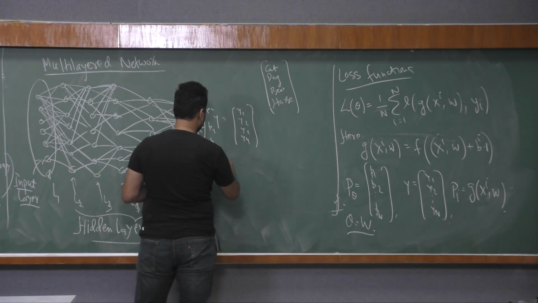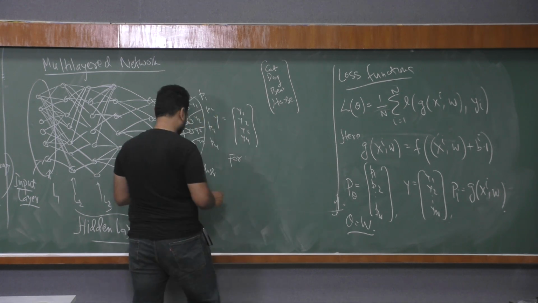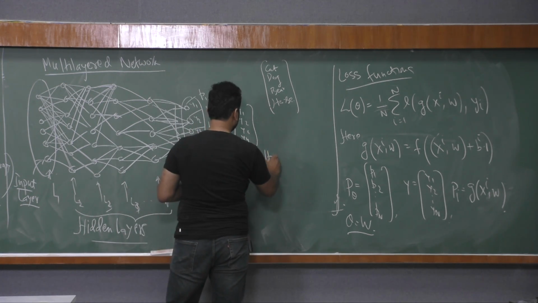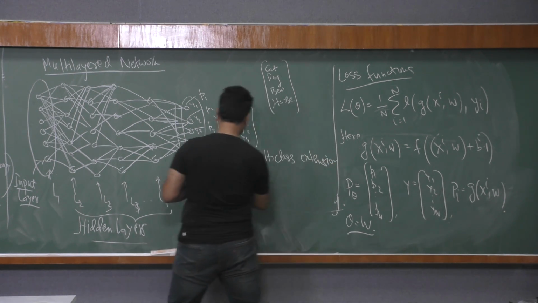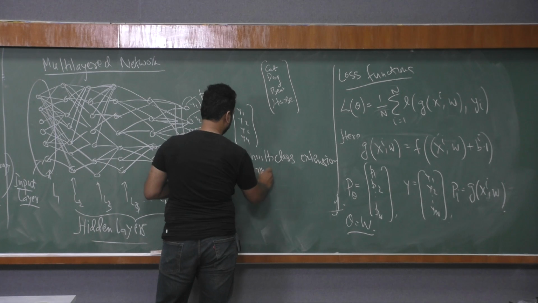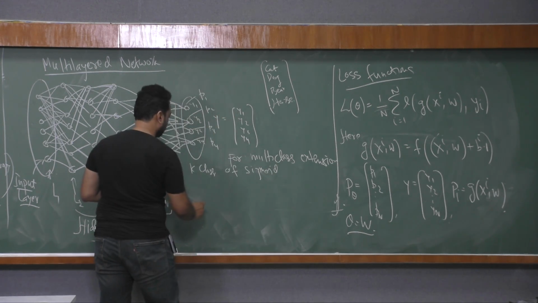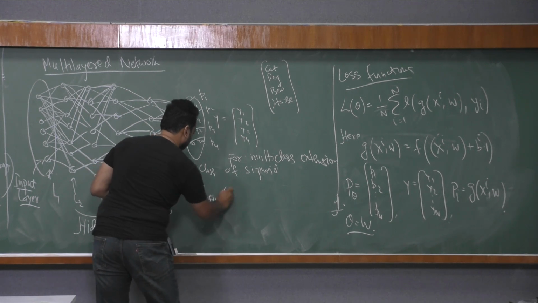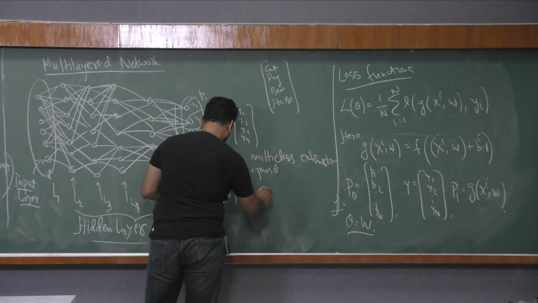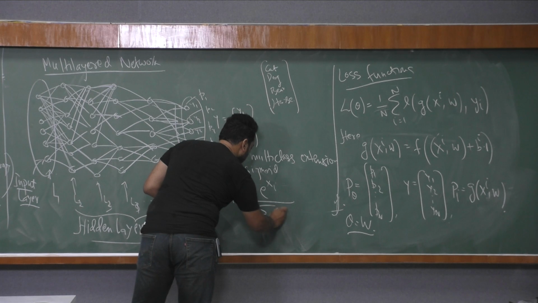For multi-class, a natural extension of sigmoid would be, let us say, if I apply softmax of x, then it will give me e to the x_i divided by the sum of e to the x.